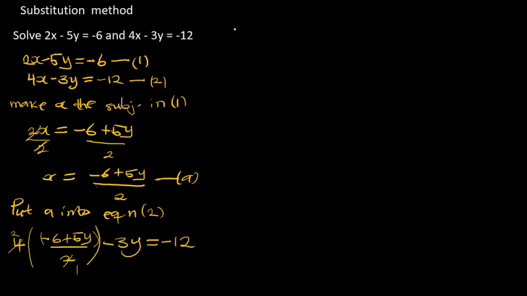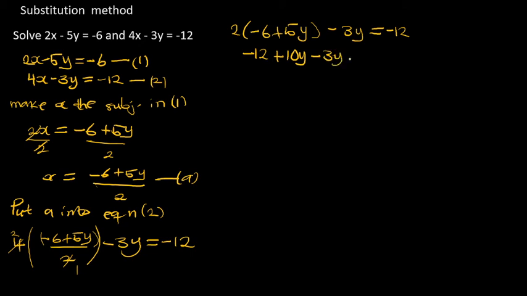So our new equation is going to be 2 into bracket minus 6 plus 5y, minus 3y equals minus 12. Alright, let's open this up once again. So 2 times minus 6 is going to give us minus 12, plus 2 times 5y is going to give us 10y, minus 3y equals minus 12.